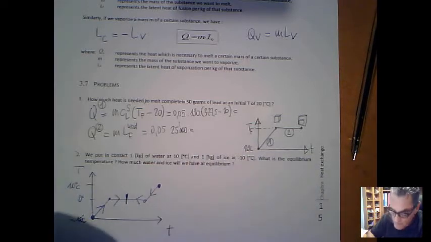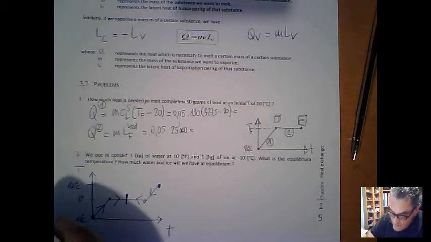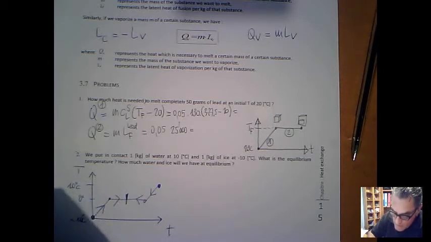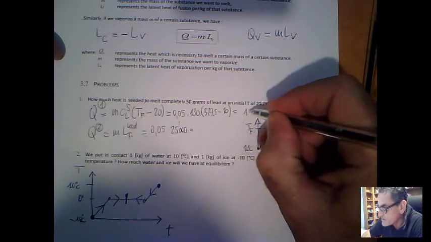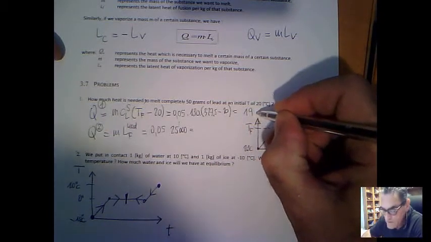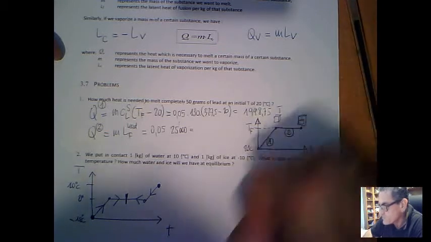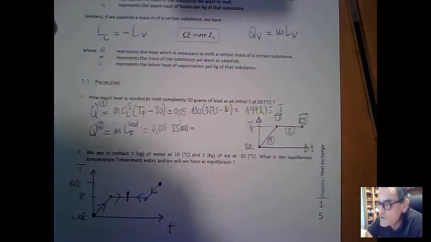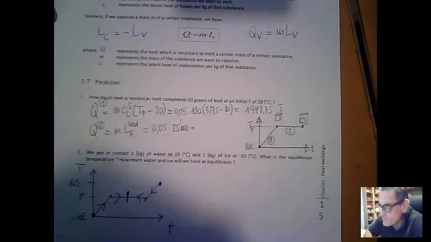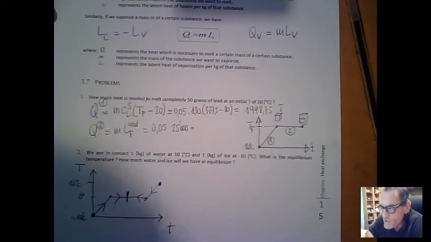So 0.05 times 130 times 327.5 minus 20. That gives us 1998.75 joules. It's not much. You remember, usually we were ending up with huge numbers.